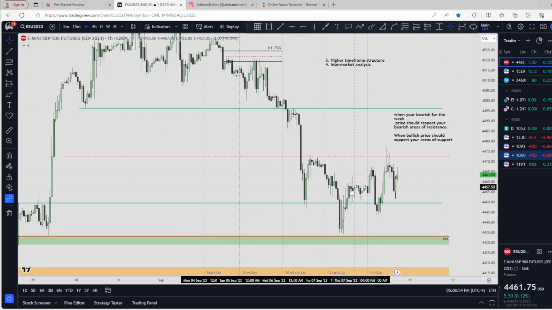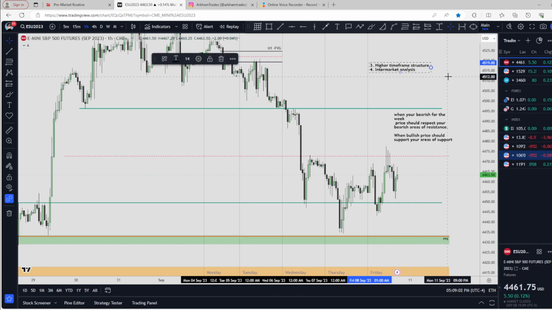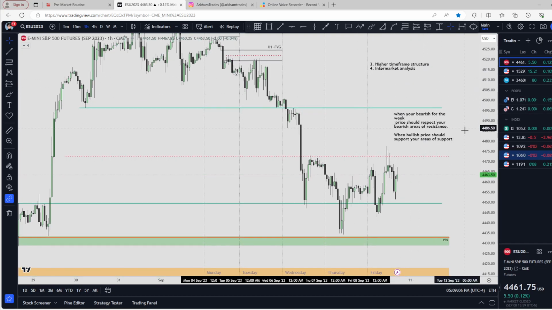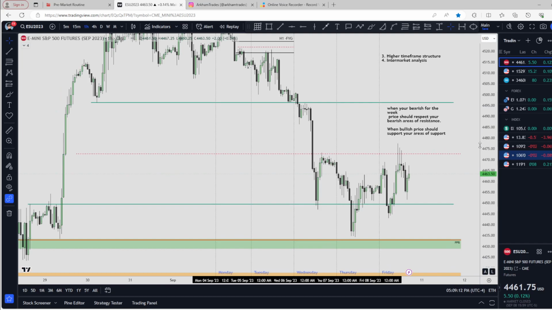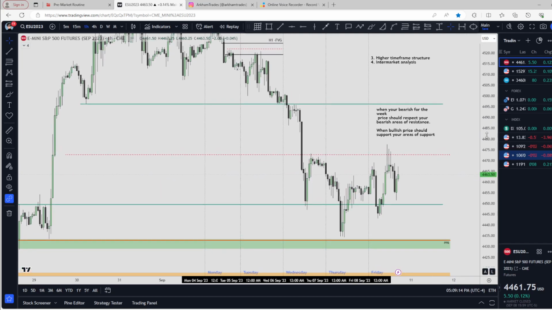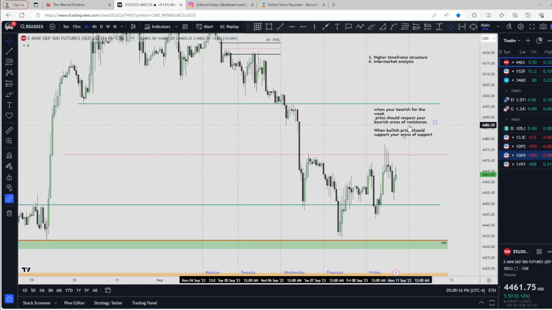So having that higher time frame draw on liquidity is important. Where do you want price to go for the week? And after it's met its target, what's next? Where does it want to go now? This is where you kind of have to sit on your hands a bit.